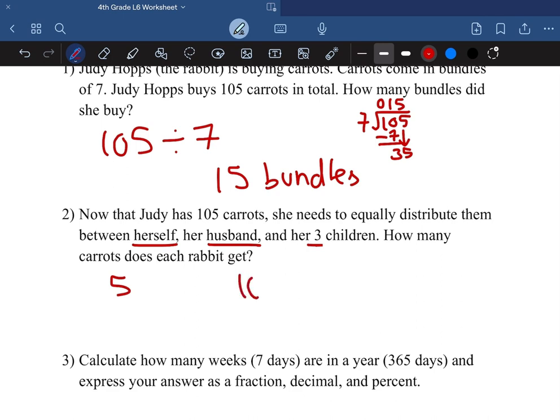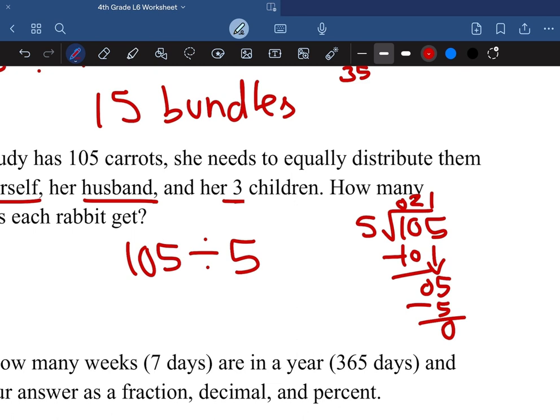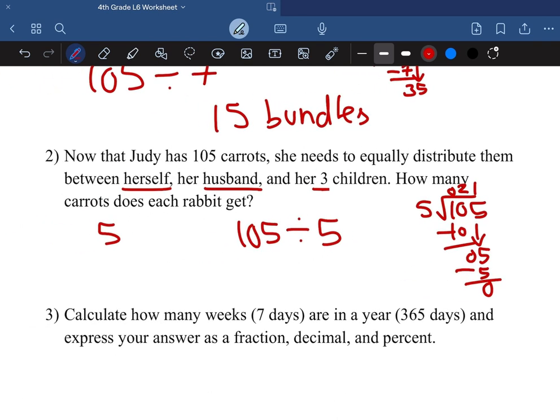From here we have to divide 105 by 5. 5 goes into 1 0 times. 5 goes into 10 2 times. 5 times 2 is 10, leaving us with 0. We bring the 5 down. 5 goes into 5 1 time. 5 minus 5 is 0. So the answer for number 2 will be 21 carrots.